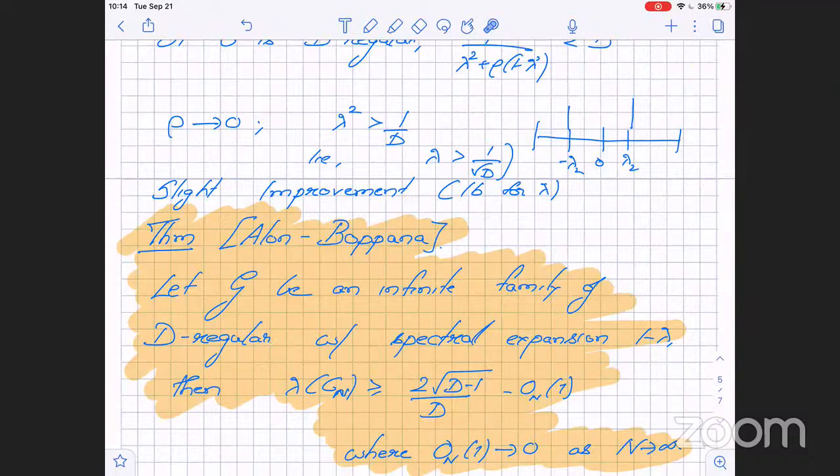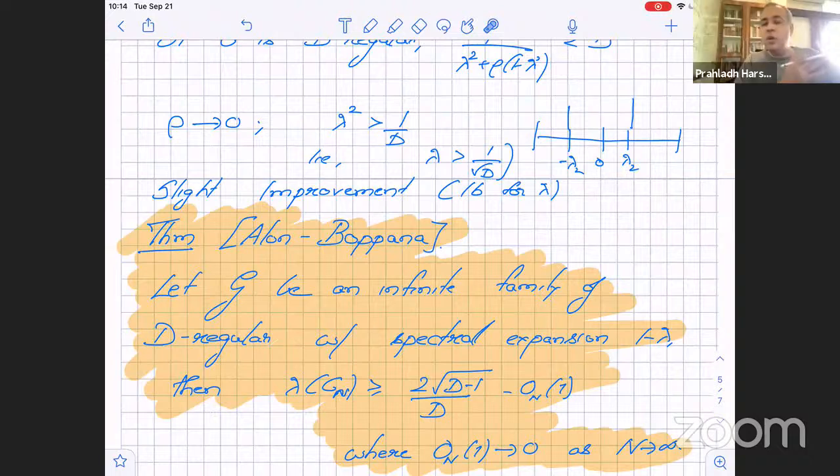But if you give me an infinite family of D-regular graphs, and you guarantee that all of them have spectral expansion, then it can't be the case that all the graphs have spectral expansion smaller than 2 square root D minus 1 by D. After a particular point, lambda will become larger than this value.